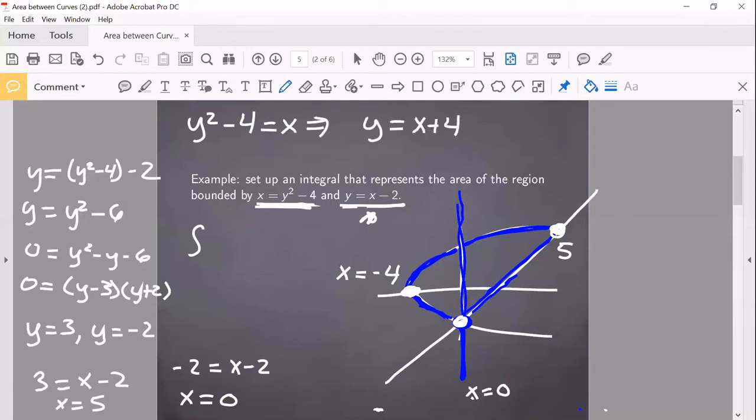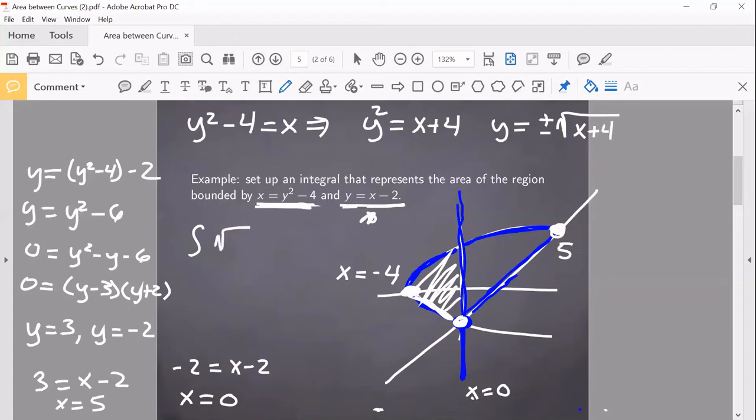And from here, I'll take the square root, so y is equal to plus or minus the square root of x plus 4. So when I express it in terms of x, you can see my upper part of the parabola is the plus square root of x plus 4, and the lower part of the parabola is minus square root of x plus 4.